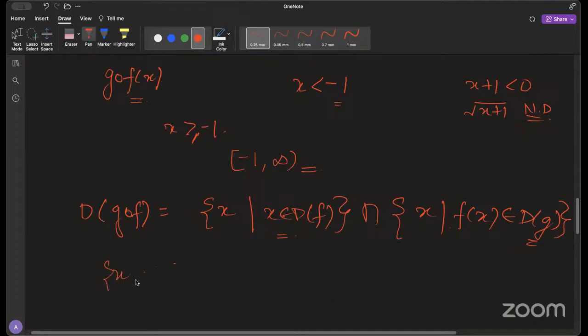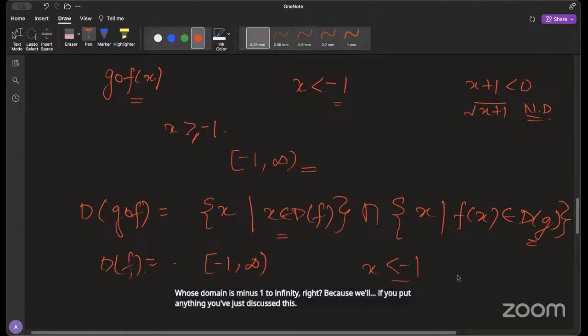Let's find the domain of f first. Our f was the square root of x plus 1, so its domain is -1 to infinity. If we put anything less than -1, x plus 1 becomes negative, and the square root of something negative is not defined.